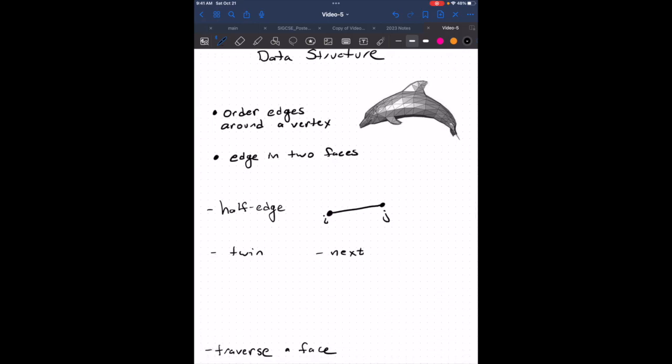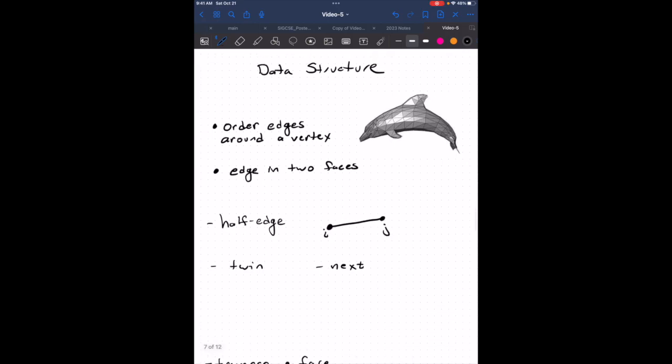Well, if we want to talk about algorithms, we have to come up with a storage system for all of our triangles or whatever our objects are made out of. Most of the time we'll assume triangles. And so we're going to use a half-edge data structure, sometimes called a DCEL, doubly connected edge list, I believe.